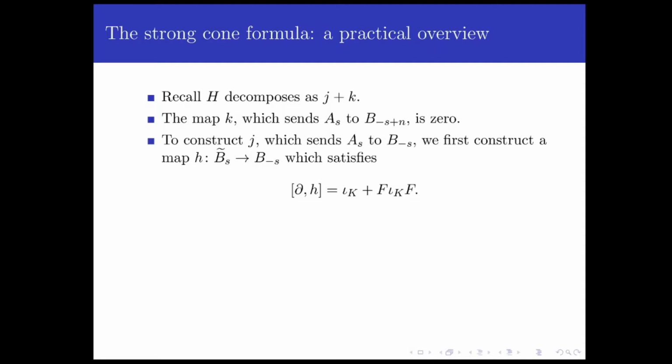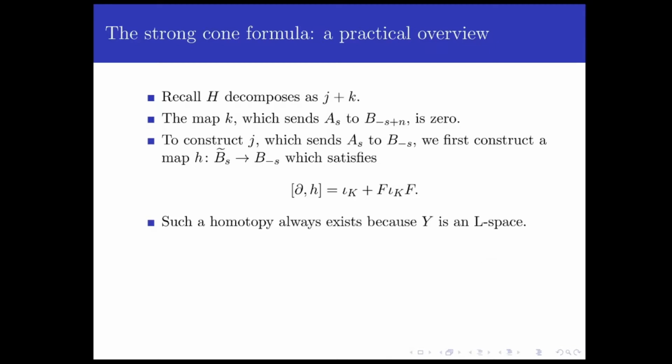And since it's an L space type, BS tilde and B sub minus S are both homotopy equivalent to F U, and these both have the same grading, so they have to be chain homotopic. There's not enough room, so you just pick your favorite chain homotopy between them, h.